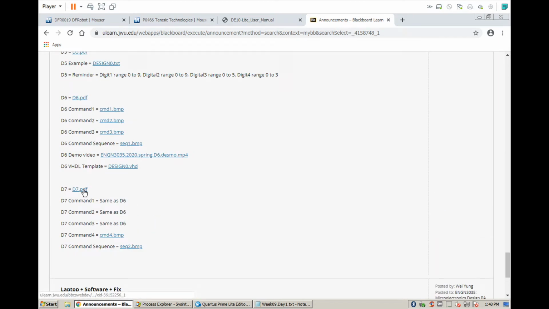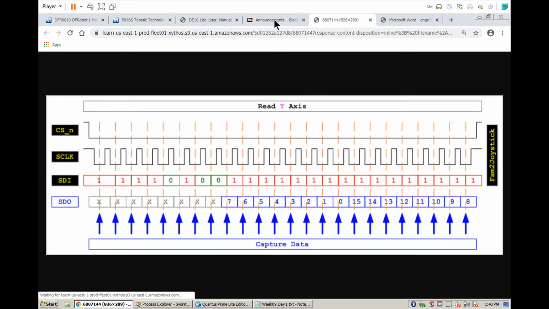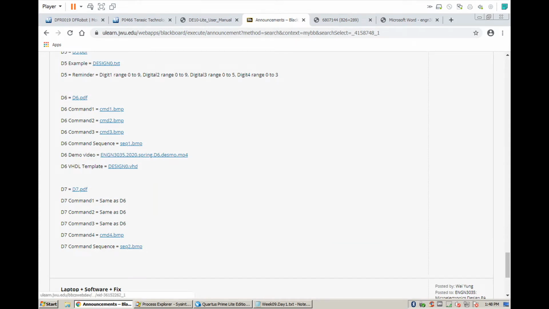This is the handout. This is the command 1, 2, 3, 4. Command 1, you implemented that in D6. Command 2, implemented in D6. 3, same thing. So the new command is D4. And instead of using sequence number 1, we're going to use sequence number 2. Let's look at the sequencing.